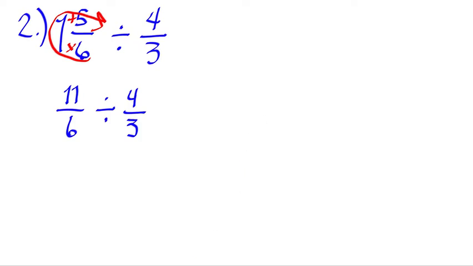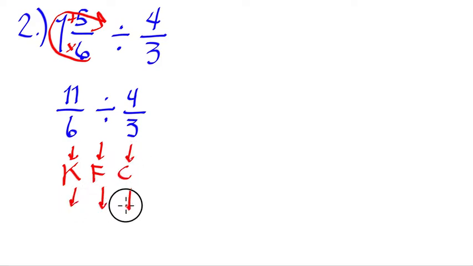It's now a fraction. It's now our turn to follow the KFC. Let's keep this, flip this, change this. We keep the dividend, so we just copy it, 11 over 6. Flip the operation into multiplication, and change the number to its reciprocal, 3 over 4.